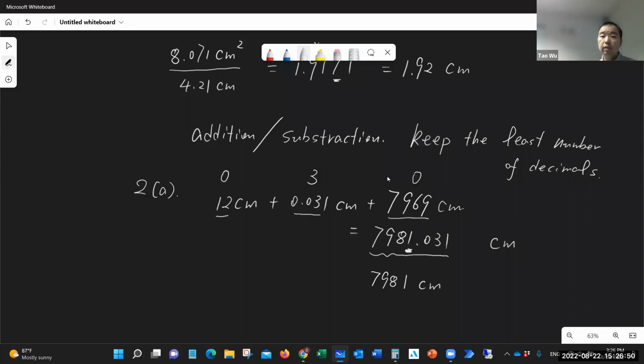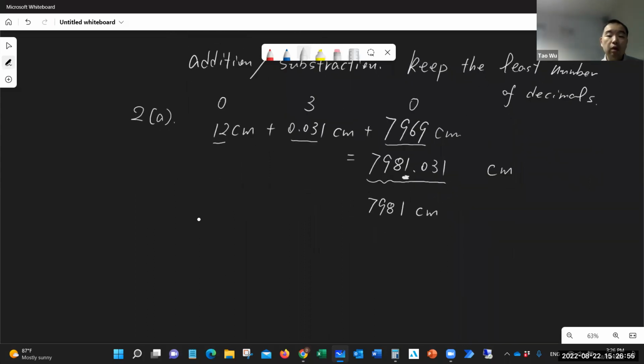So this is how we do addition and subtraction, and it also makes sense. If we have, for example, 1 plus a very, very small number, 0.0001, what do you think the answer is? It's just 1. You add them together and get 1.0001, but since this is addition, you keep the smallest number of decimals.